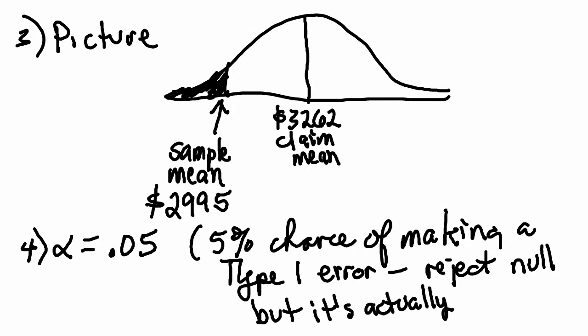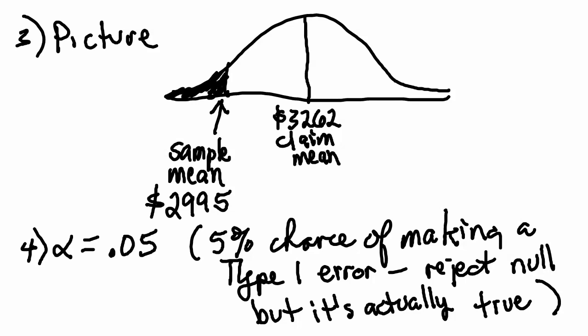We can set that at any number, but we just set it at 5%, because in these tests, we can't prove anything. We can only get within 5% error. You're never going to get 100%.